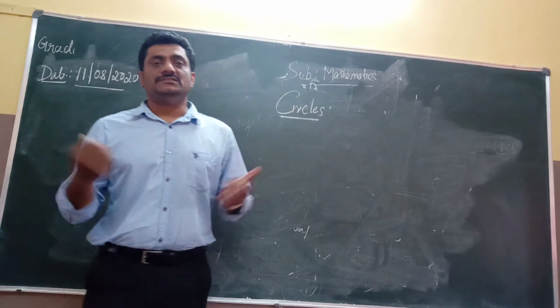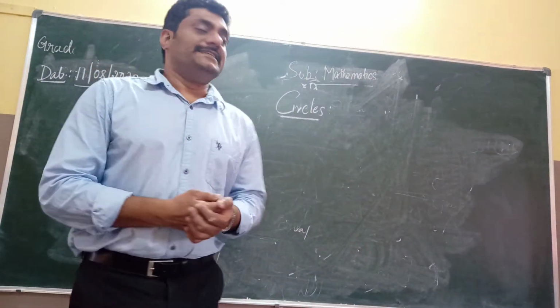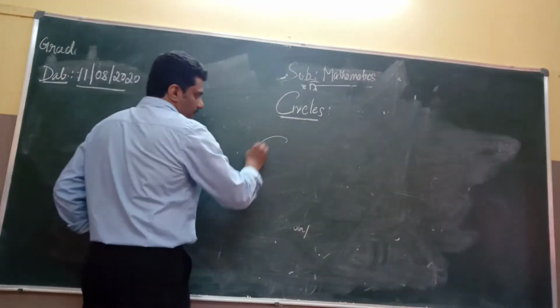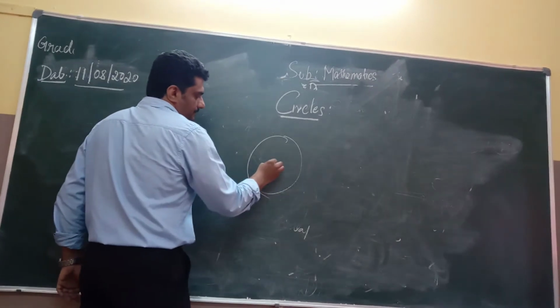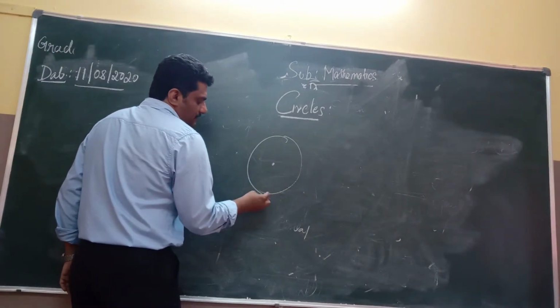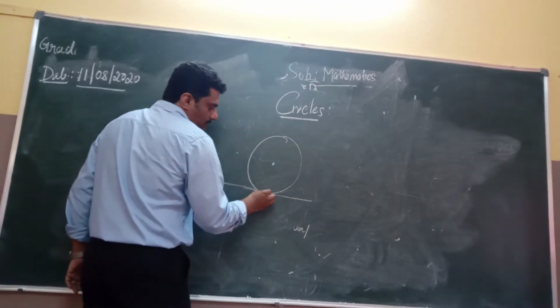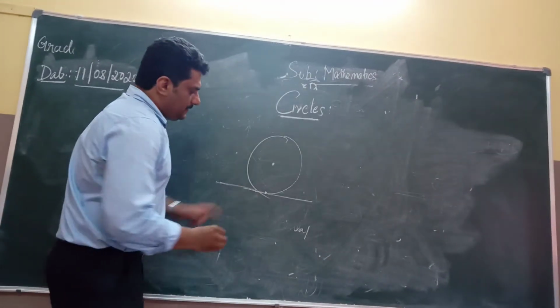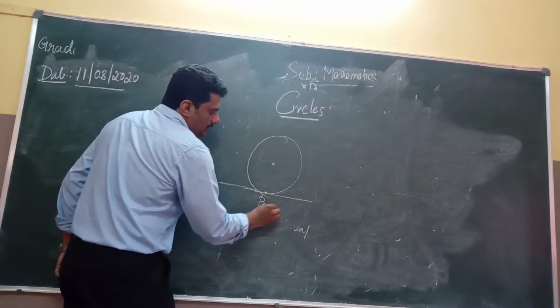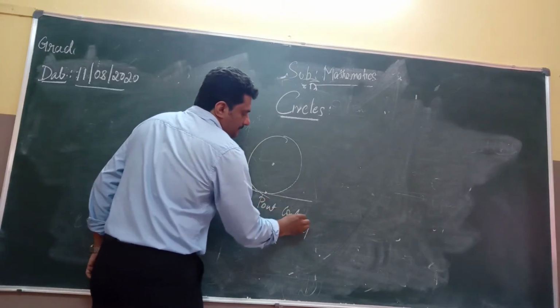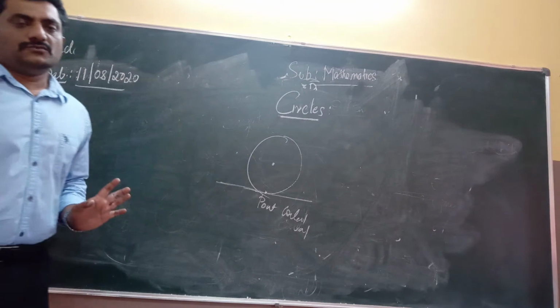Now what is the relationship between a circle and a tangent? If I draw a tangent here, this point is the point of contact. You can always remember one more thing.